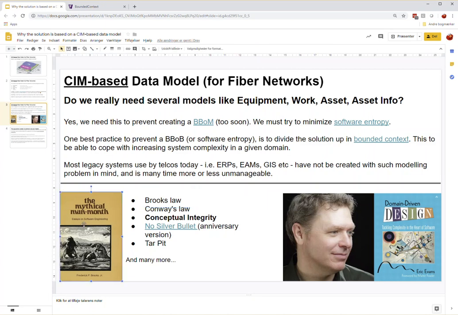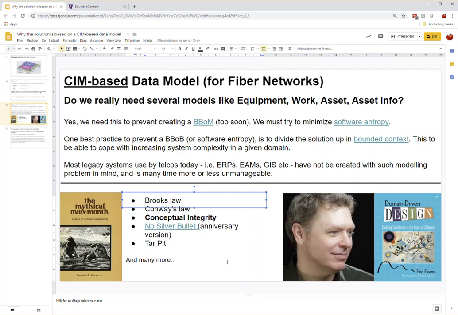The book was created in 1974, which is actually the year I was born. In this book there were a lot of concepts defined, and this is a kind of problem we also fight with today that was already talked about in this fantastic book.